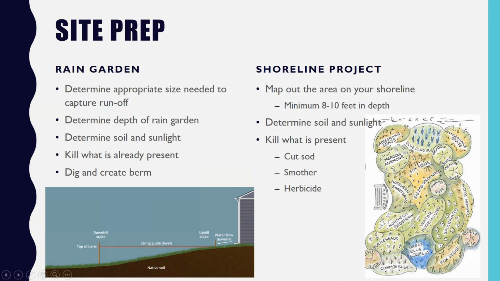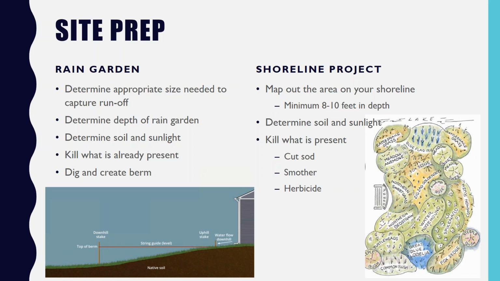The last thing to talk about when you're planning your native project is site prep. So you prep the sites similarly, but a little different. If you're thinking about putting in a rain garden, first you need to determine the appropriate size of your rain garden to capture the runoff coming off your roof or your driveway or wherever you're putting it.